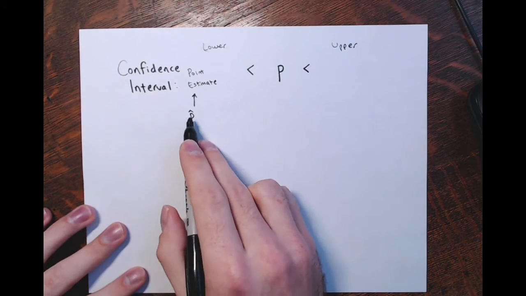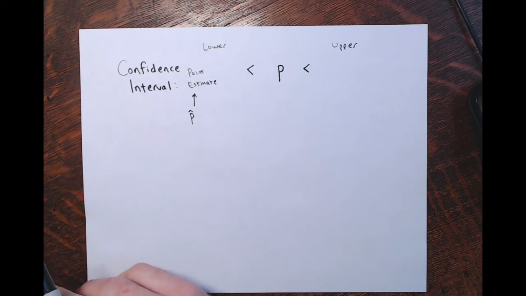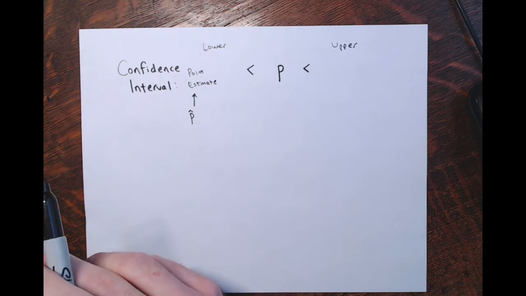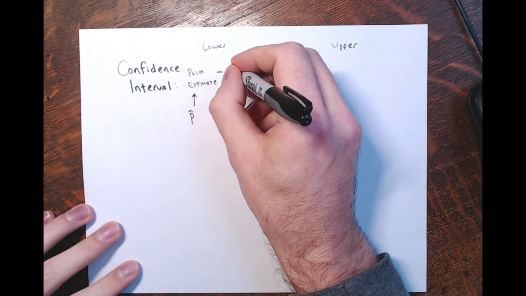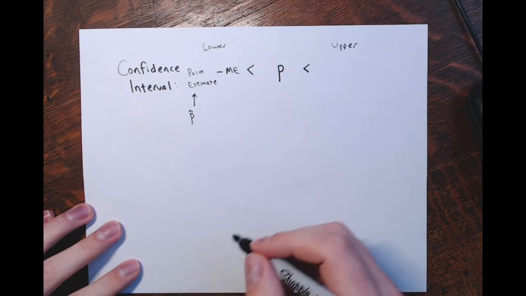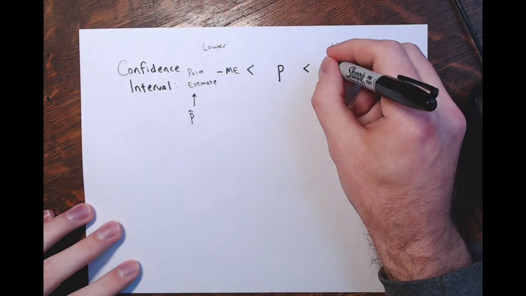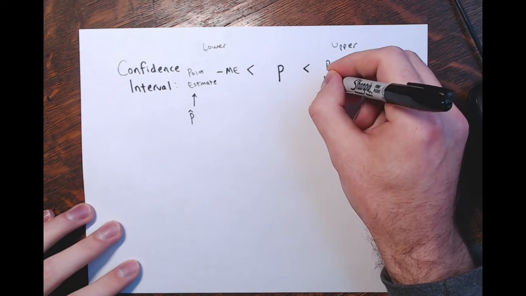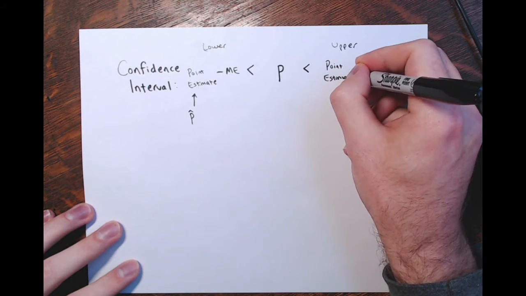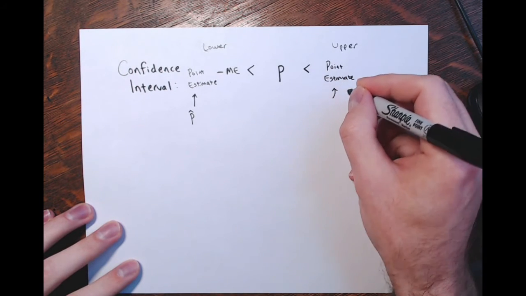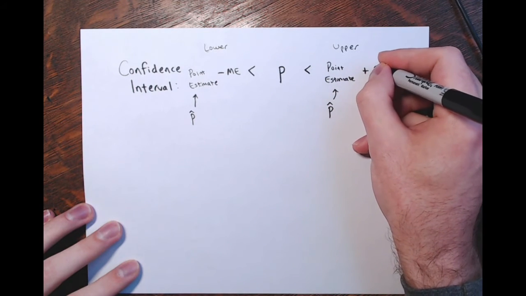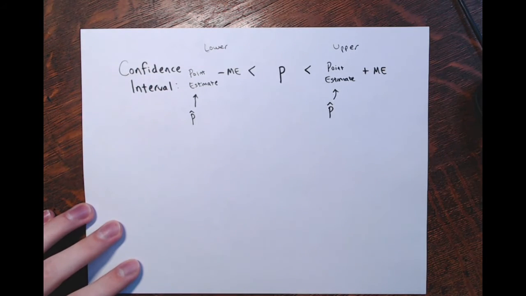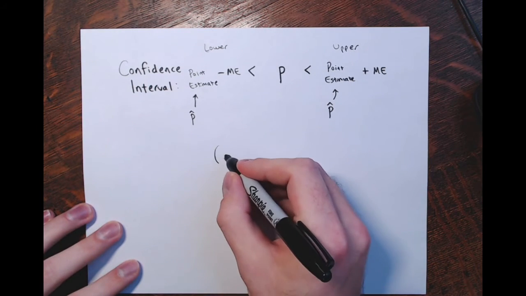In other cases, when you're trying to guess the population mean, it would be the sample mean, x bar. Then minus some margin of error, ME. And the upper bound of our confidence interval is the point estimate, again p hat, our sample proportion, plus this margin of error.